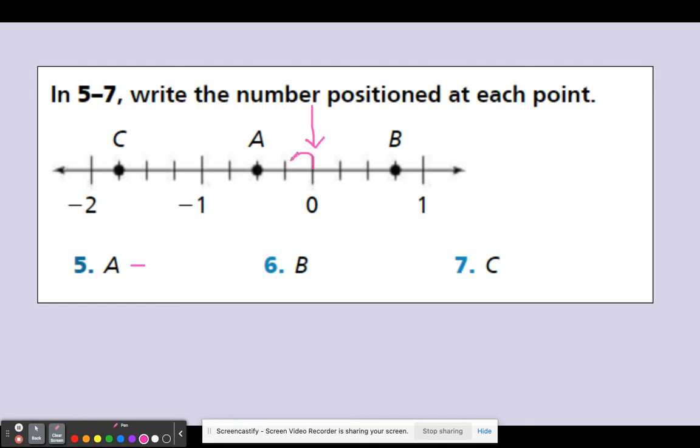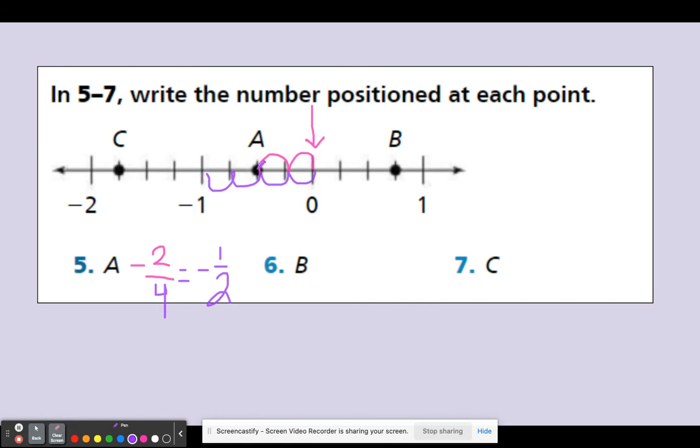I went back 1, 2. So I went back 2 spaces. Out of, figure out how many spaces are in between the 2 whole numbers. It was out of 1, 2, 3, 4. So the answer is negative 2/4. That simplifies to negative 1/2, which you probably noticed that A was halfway between 0 and negative 1.